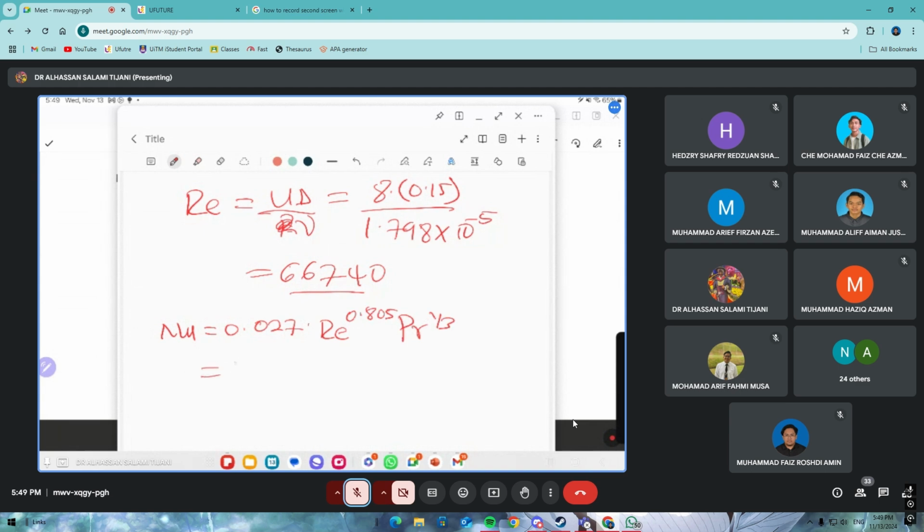If you calculate this, it will give you 0.027 times 66740 raised to the power 0.805, times 0.7 to the power 1/3.